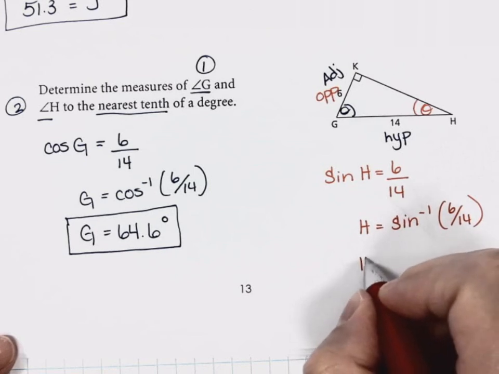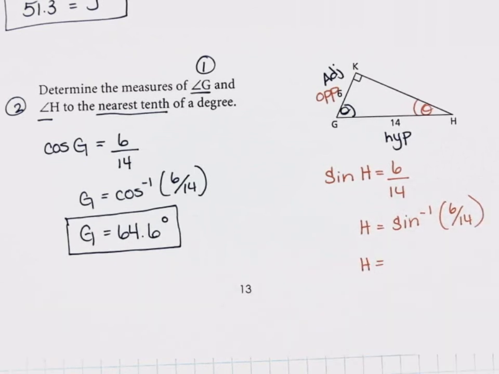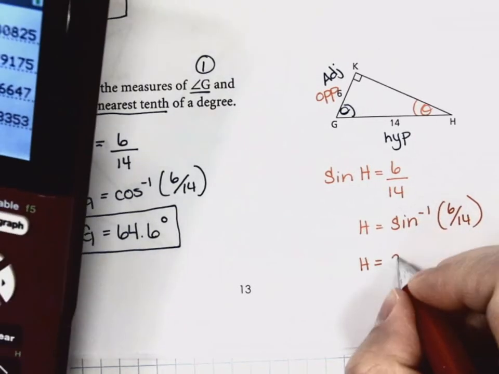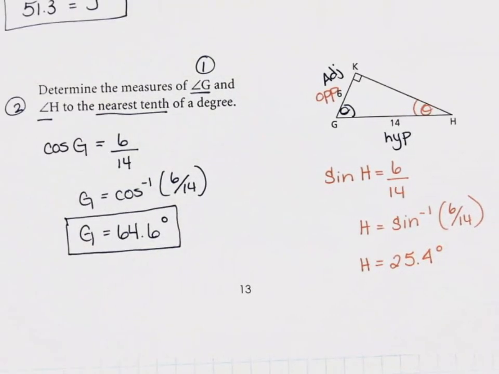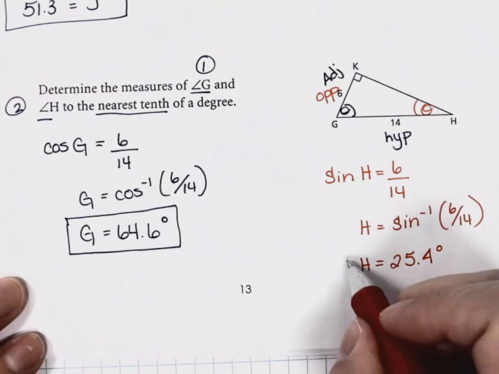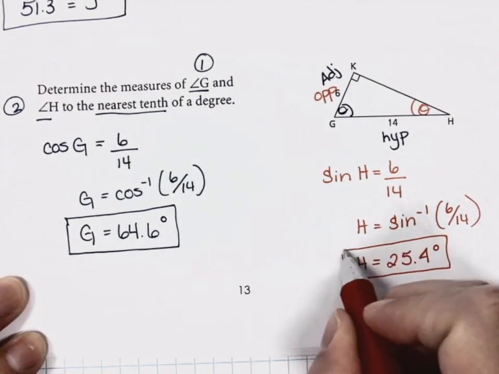So my question is, are you guys practicing this with your calculators so you feel confident in knowing how to use them? Okay. Because the calculators can sometimes be the hardest part. And you could totally use the rule of 180.